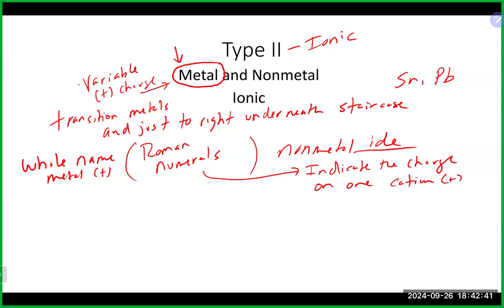Not what a lot of people think the Roman numeral means, which is how many metals you have, which is incorrect. It is actually, if you took one of those metals that has a positive charge, what the actual positive charge is on it.